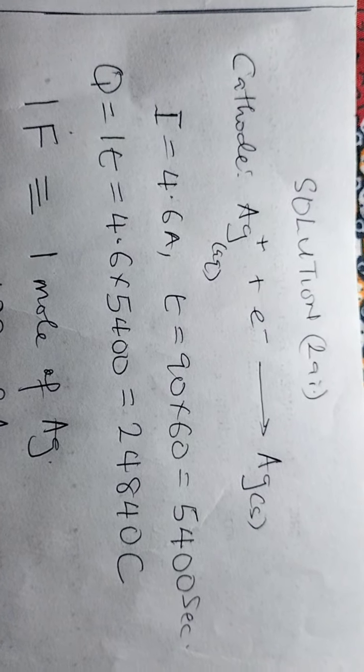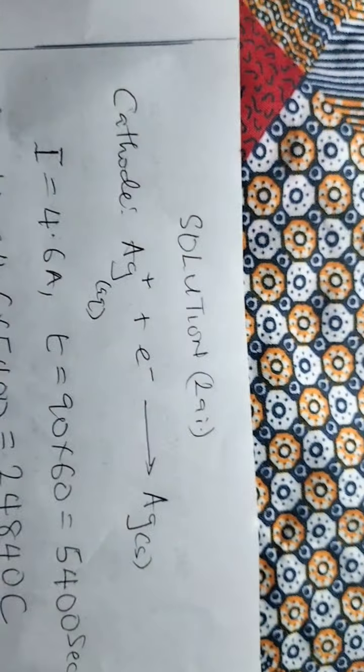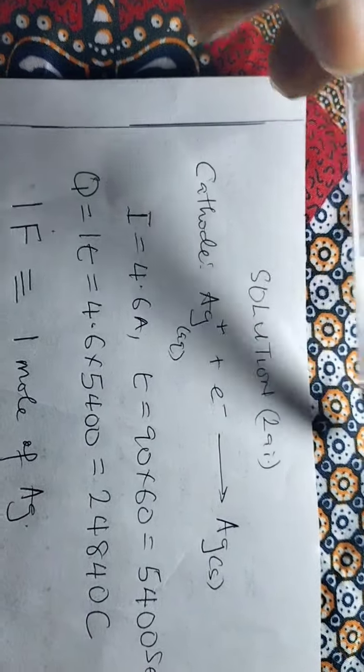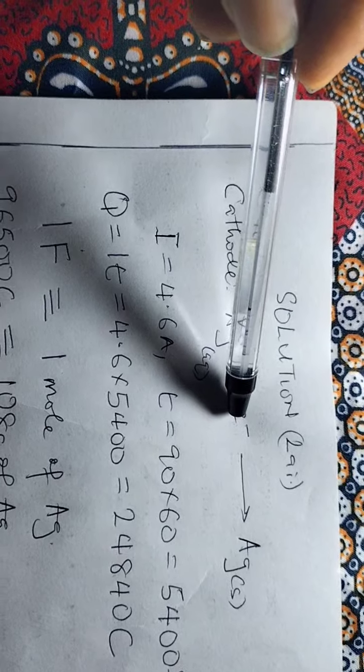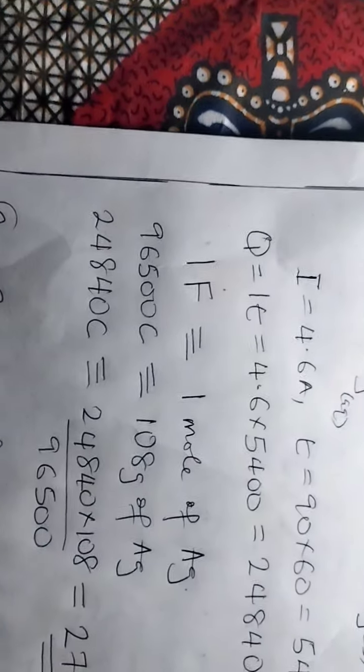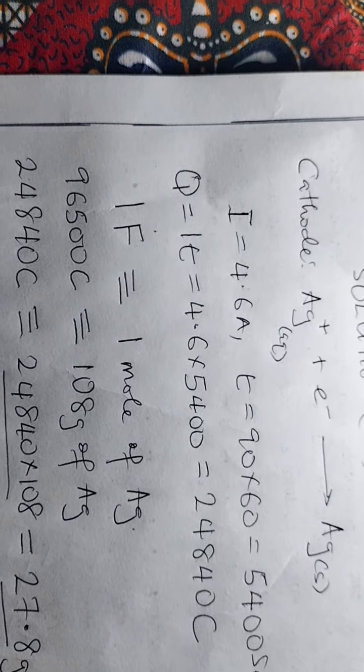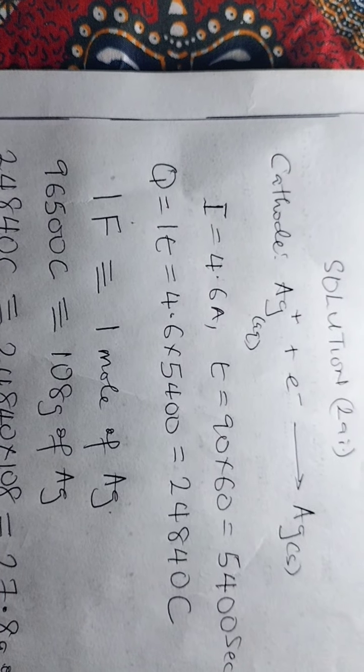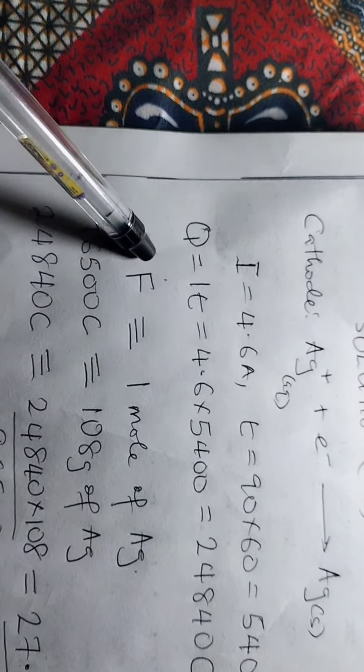Then we'll go to the equation. We see that 1 mole of electron is equivalent to 1 mole of silver. And we know that 1 mole of electron is equivalent to 1 Faraday.